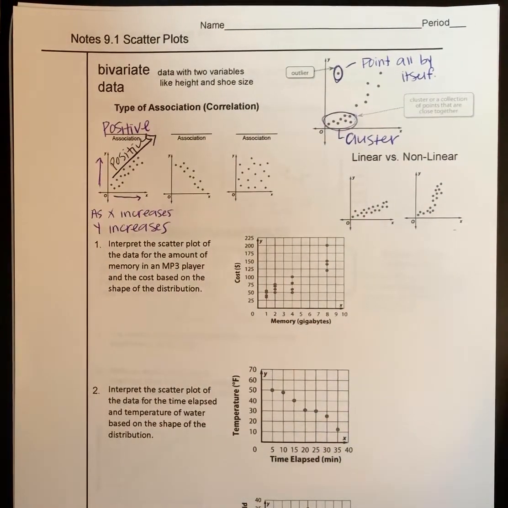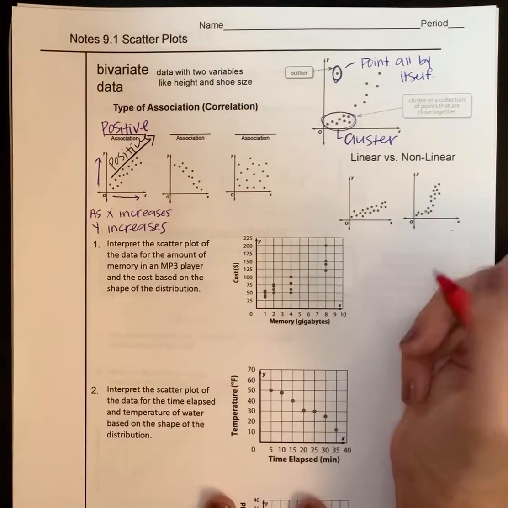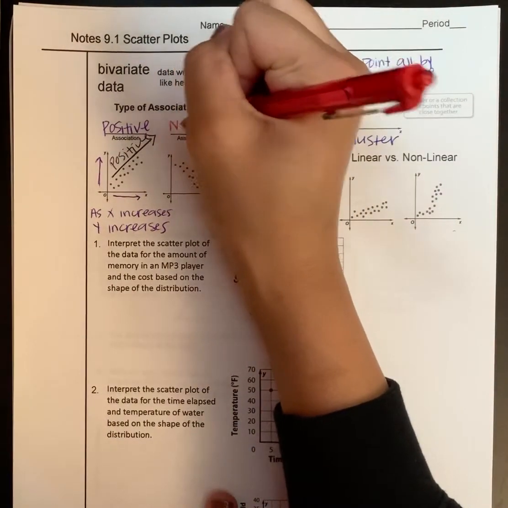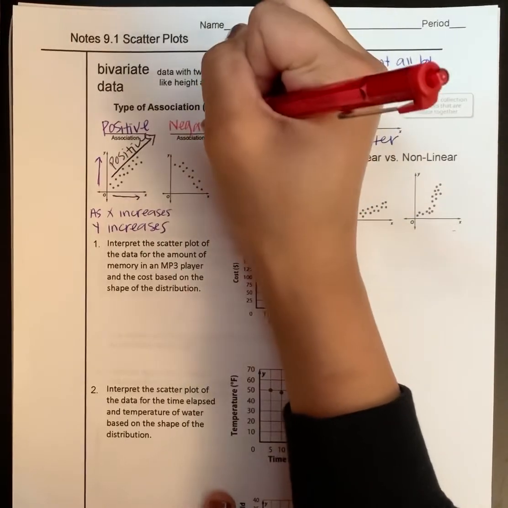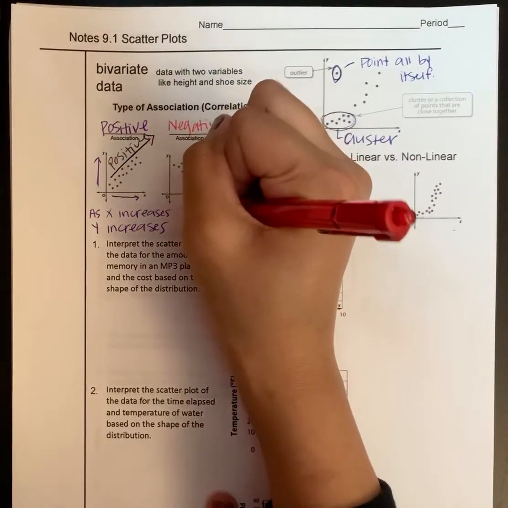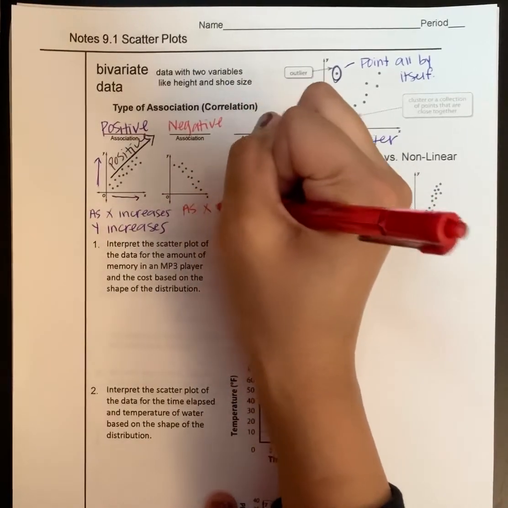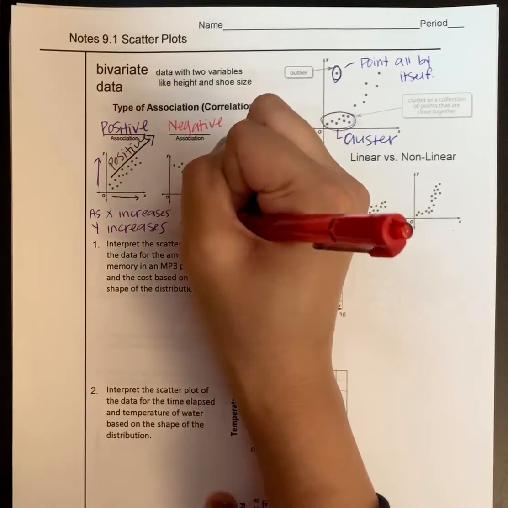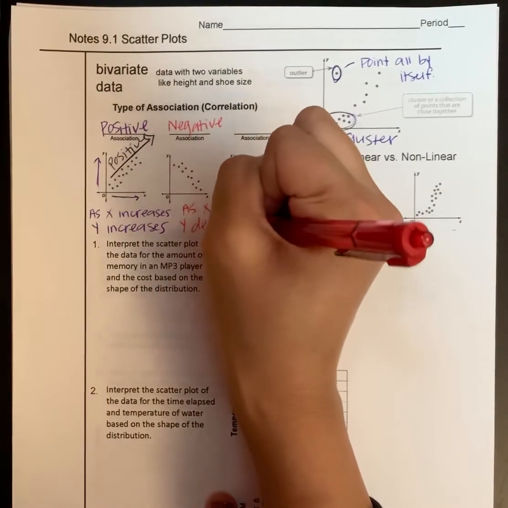With that being said, I'm sure you can guess what our second type of association is going to be. Our second is going to be a negative. What this means is as x increases, y decreases.